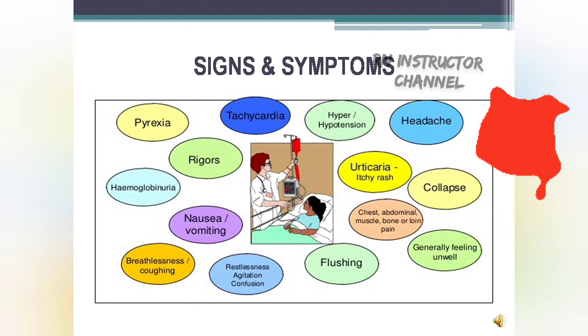The patient can be advised to inform you if they have tachycardia, rigors, pyrexia, hemoglobinuria, nausea, vomiting, coughing, restlessness, generalized weakness, or look lethargic, urticaria, headache, hypo or hypertension, chest or abdominal discomfort. Have close monitoring of the patient at the time the transfusion is started.